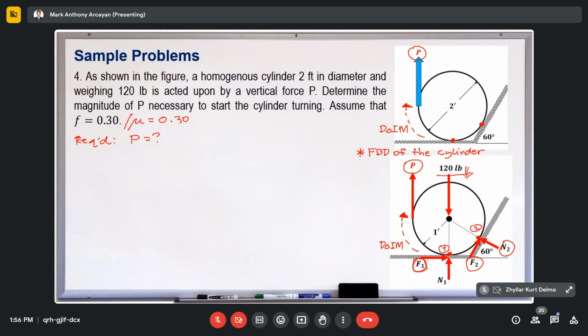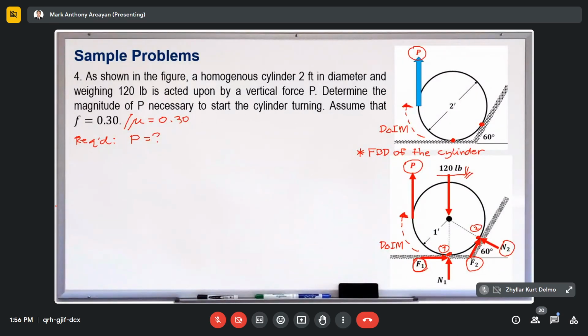Then you can take the summation of moment at point 2 so that you can solve directly the two forces F1, N1, and P.